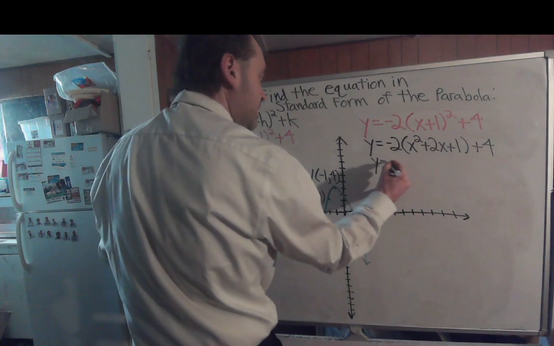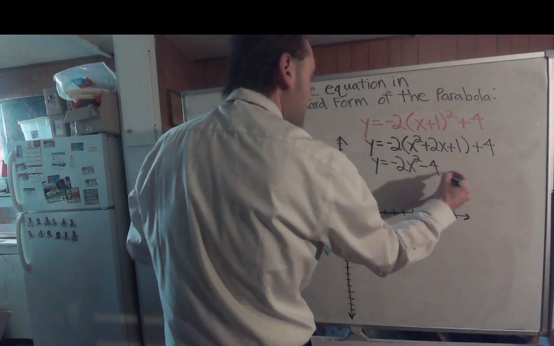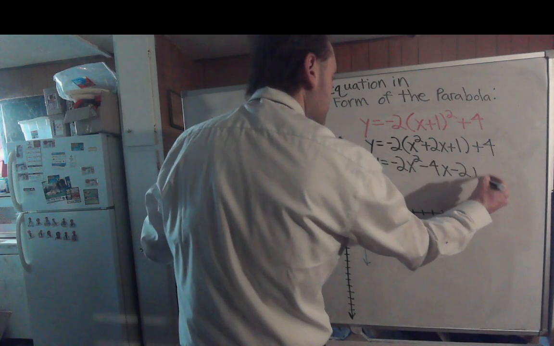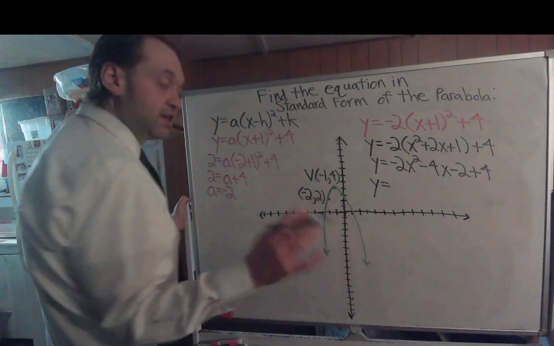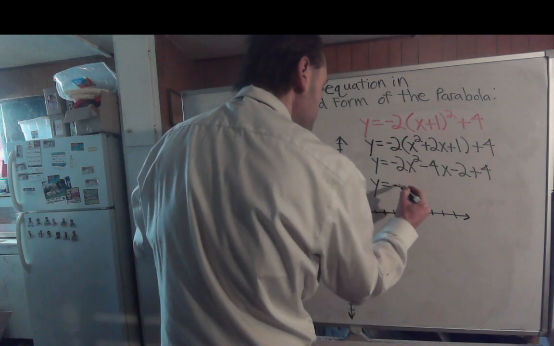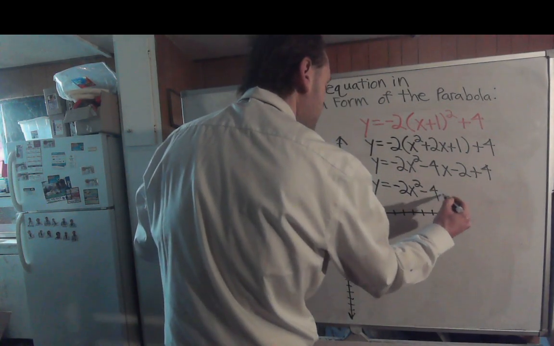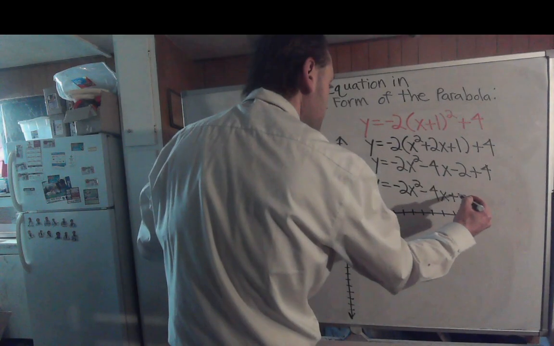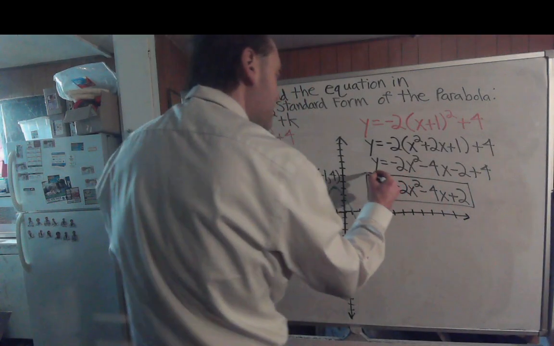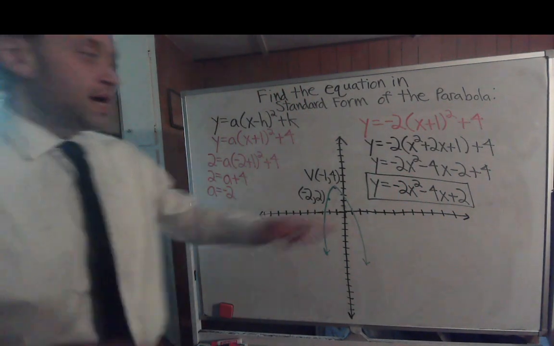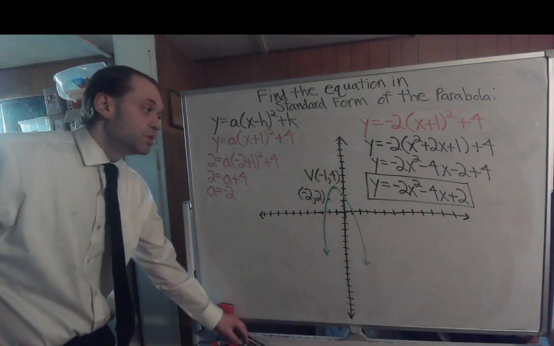So y would equal -2x squared minus 4x minus 2 plus 4, giving you your final equation in standard form: y equals -2x squared minus 4x plus 2. So the equation for this parabola in standard form would be y equals -2x squared minus 4x plus 2.